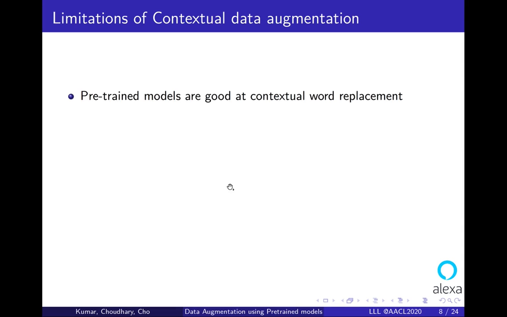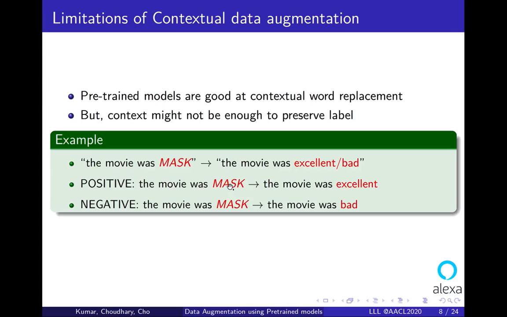Consider a simple example: the movie was, and there is a mask token. Now we want to predict what is the replacement of the mask token. One might need to consider the category or the label information before making the correct prediction. For example, we have, say, two choices, excellent or bad, to replace the mask token.